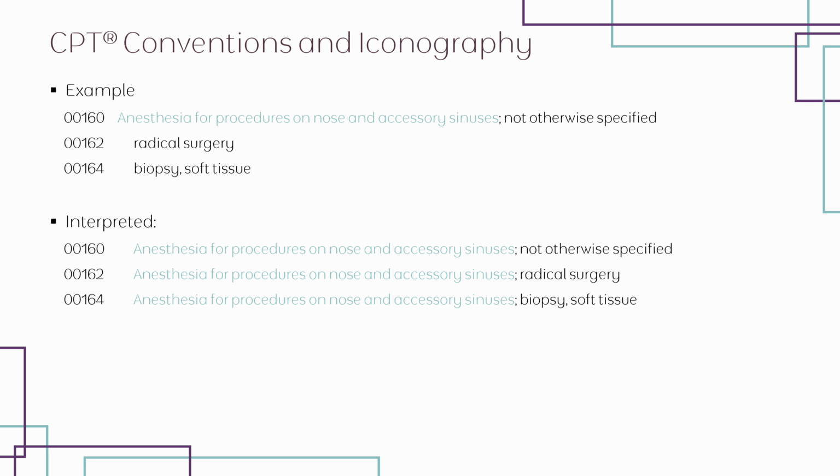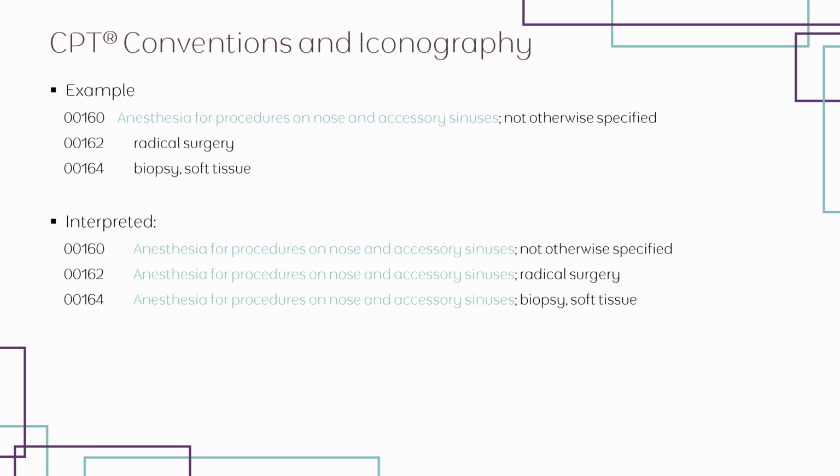To read these indented codes correctly, you would begin with the wording from the parent code, then add the unique wording from the indented code to complete the full procedure description. For example, the full description for code 00162 would be read as anesthesia for procedures on nose and accessory sinuses, radical surgery. You simply combine the common portion of 00160 with the additional descriptor listed under 00162.